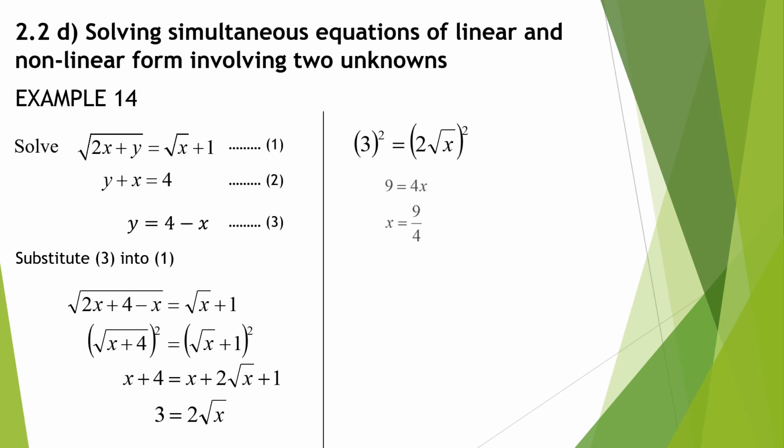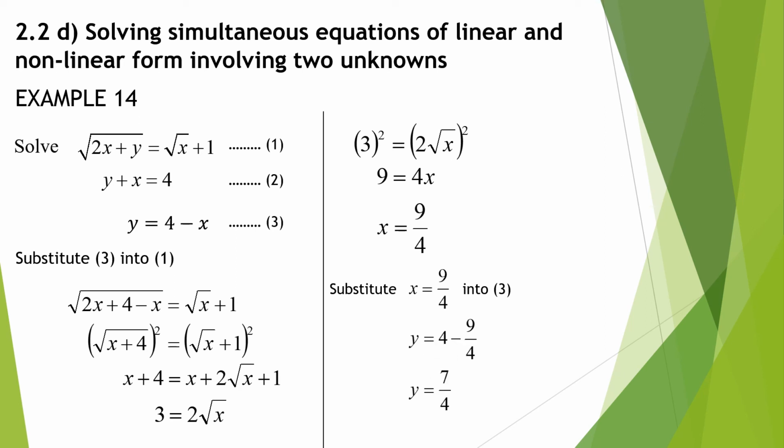From there, you square root both sides and you will get the value of x, which is equals to 9 over 4. And then you substitute back x equals to 9 over 4 into the third equation, and you will get the value of y, which is equals to 7 over 4. Hence, you already solved the equation where x equals to 9 over 4 and y equals to 7 over 4.